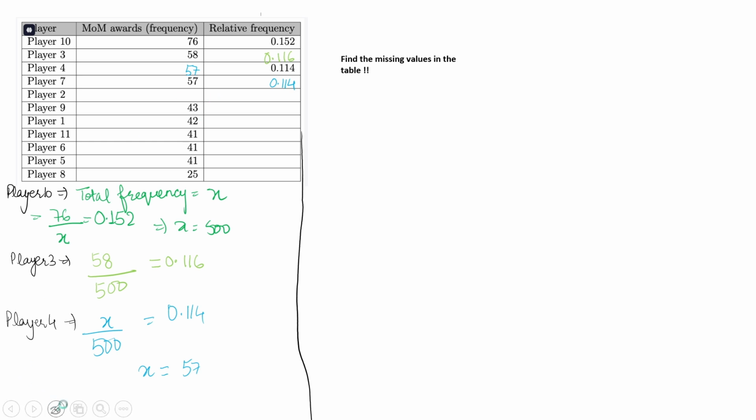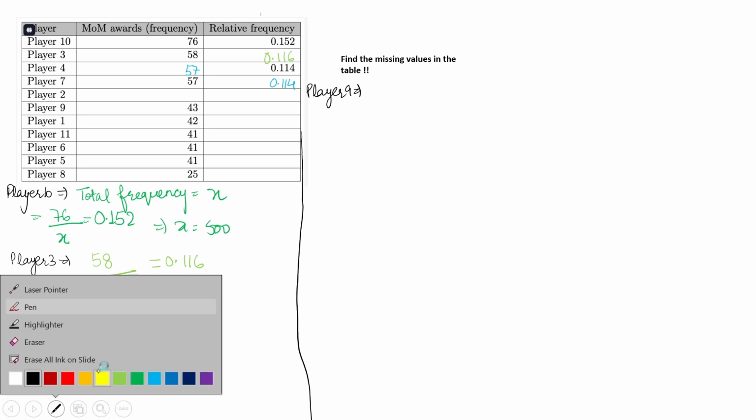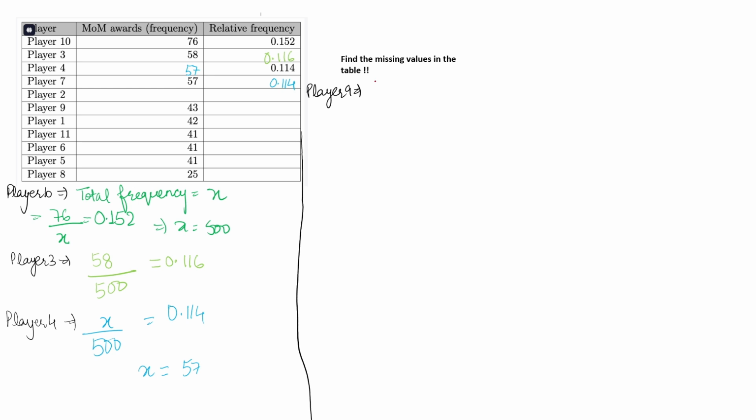Let's come to player 9. We have 43 as the particular frequency, and we know the total is 500.